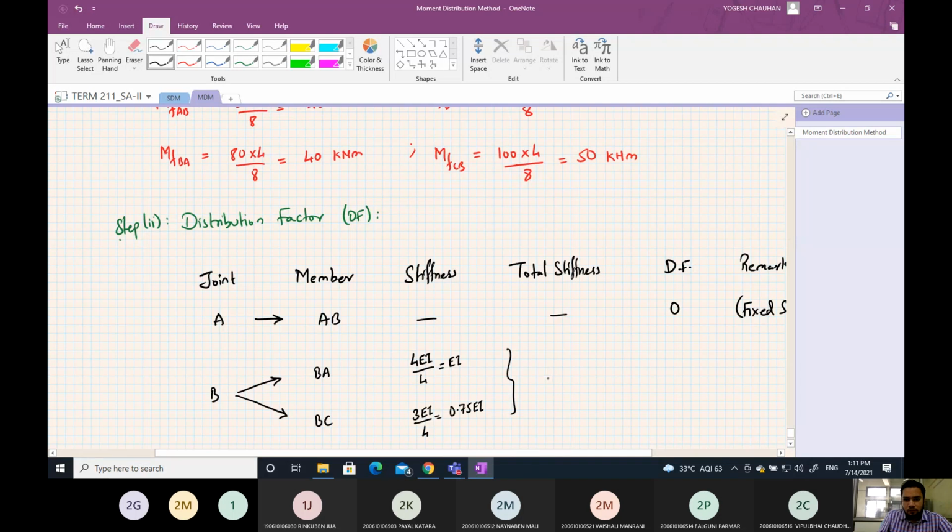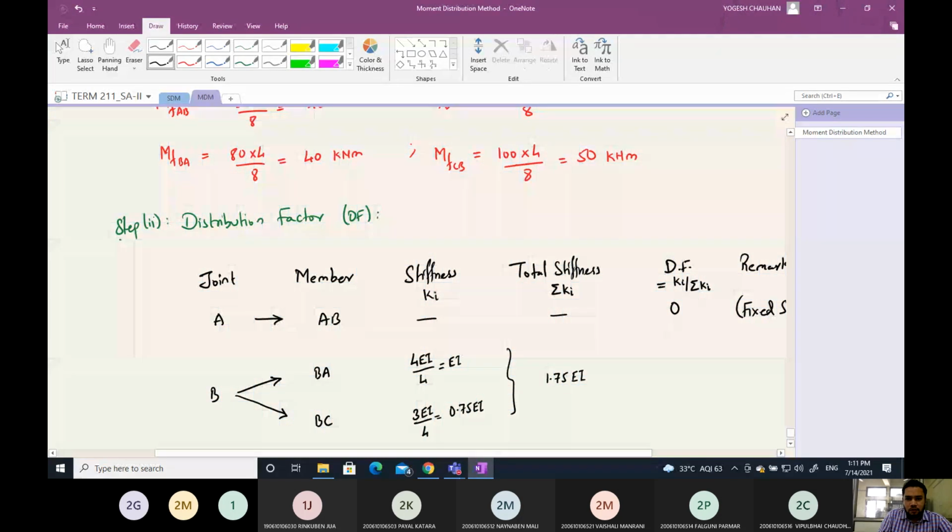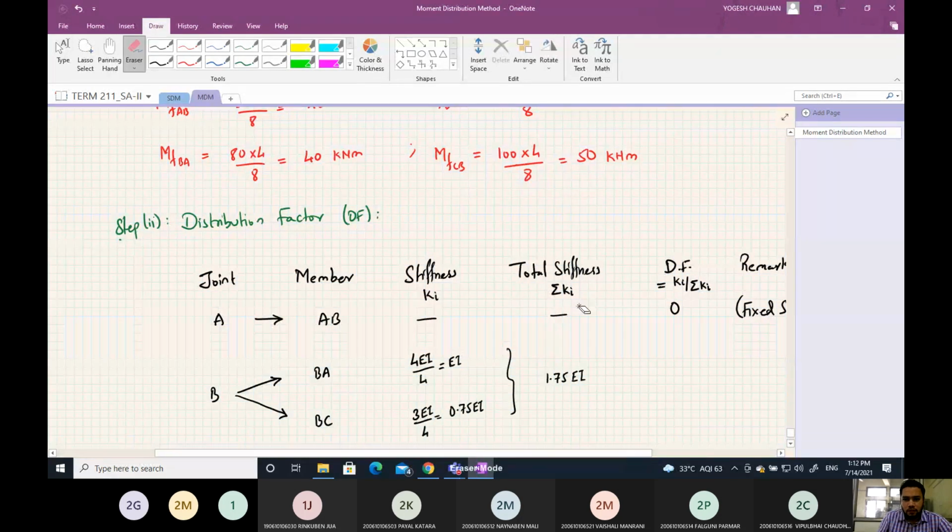So the total stiffness will be 1.75 EI. So you can find the distribution factor, which is equal to Ki by sigma Ki, where this is the total stiffness sigma Ki, and this is Ki.